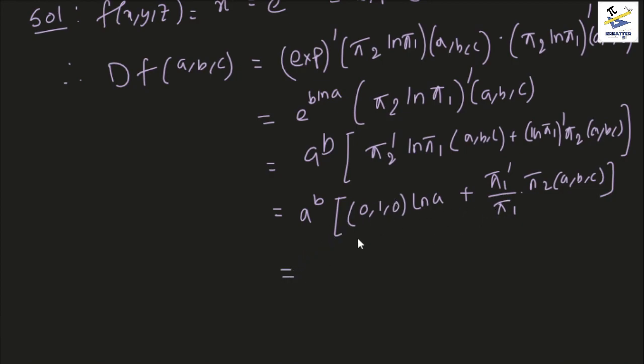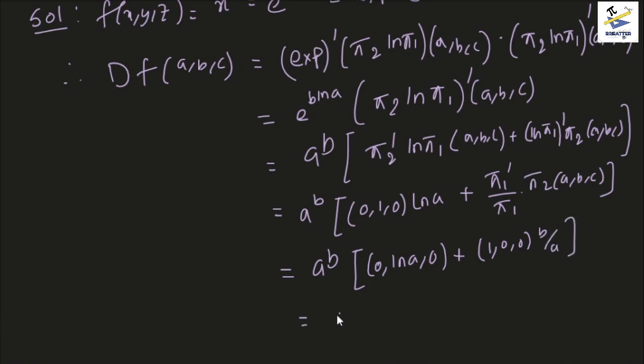So that's just a single variable calculus task. So a to the power b, multiplying this you get (0, ln a, 0) plus pi 1 prime is basically (1, 0, 0), and pi 2 by pi 1, when putting the value, you just get b by a.